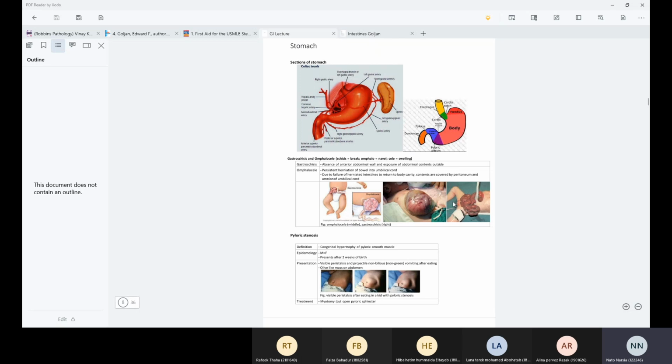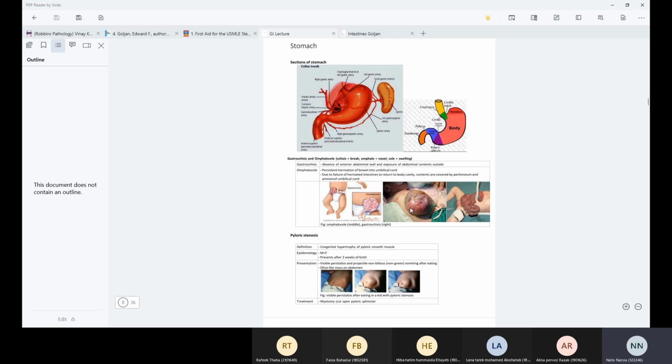Omphalocele is when you have just persistent herniation. Herniation means the content is out, but it is usually in some sac.